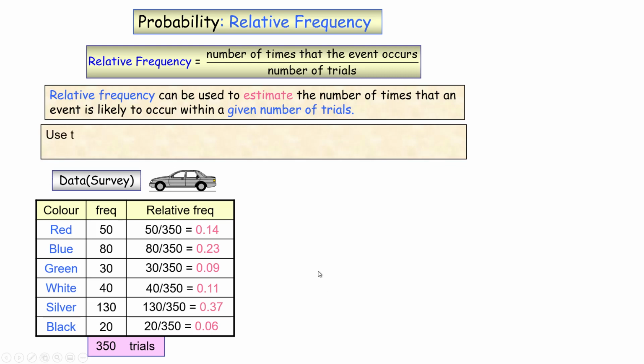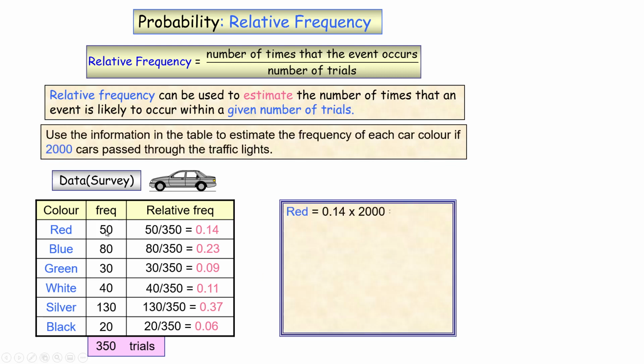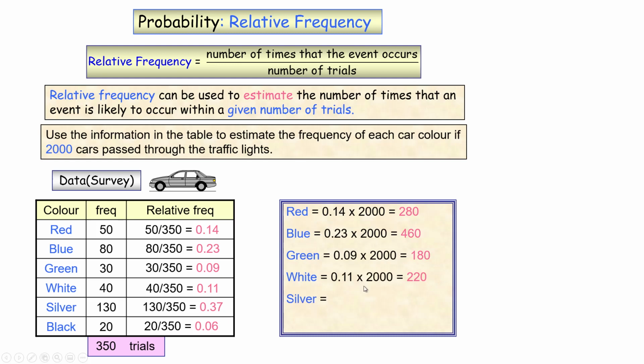So same sort of thing. The probability of red is 0.14 times 2,000, which is 280. For blue, we take our probability and multiply by 2,000, and so on, and we can populate our table as such. You don't have to write this one down, we've already got one example. So moving on.